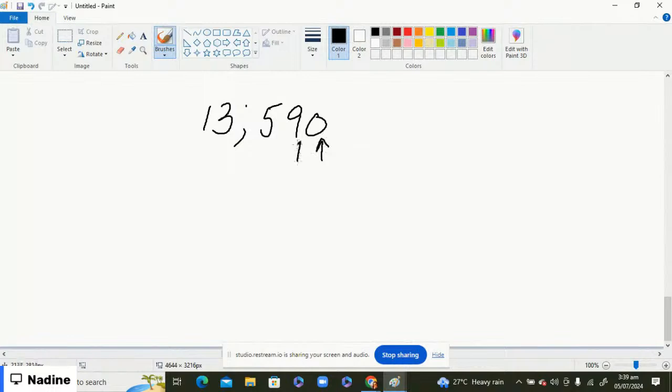It means that we're going to round out this number. So how can we write it down? Basically, how can we round it? So we check that number 9. This 9 is greater than 5, so it means that you're going to add up, and you get 13,600. This is your answer.